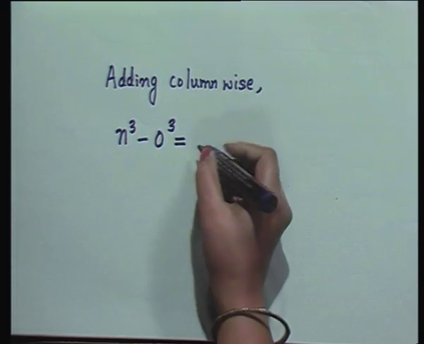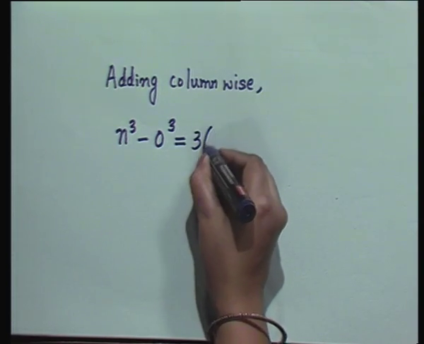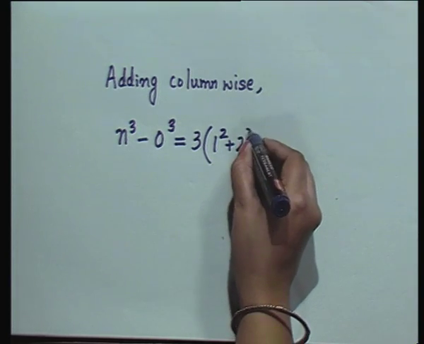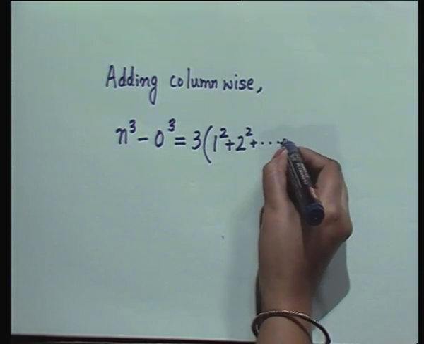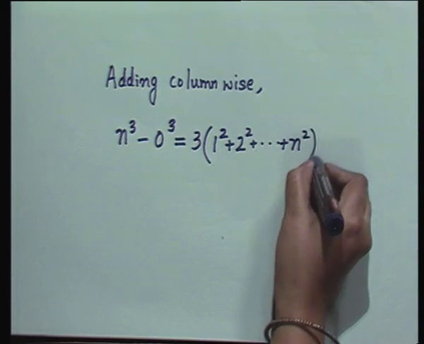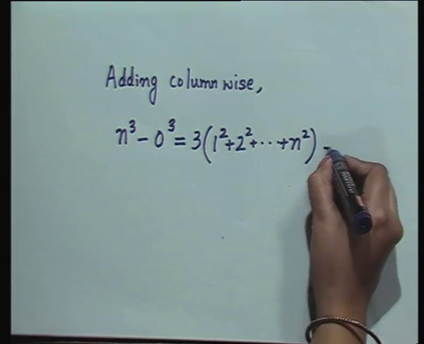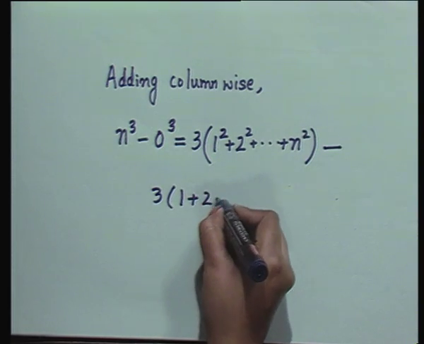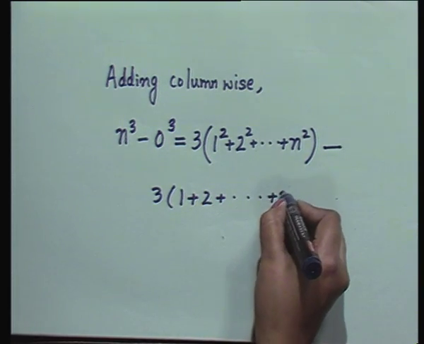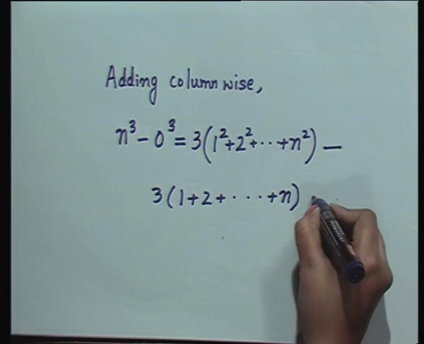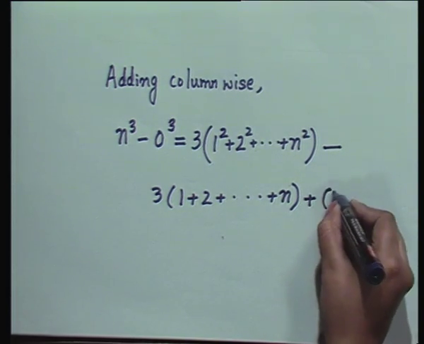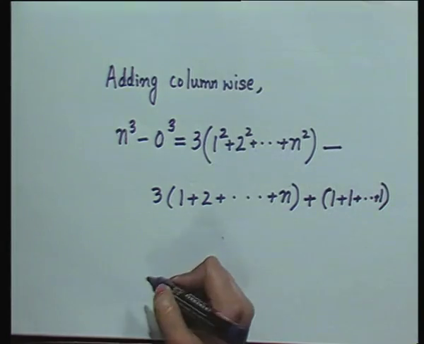Right hand side it will give you 3 into (1 square plus 2 square up to n square), and minus 3 into (1 plus 2 up to n), adding the second terms of the column, and then 1 added n times, 1 plus 1 up to 1 again.